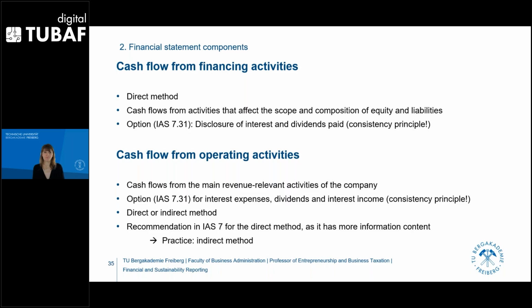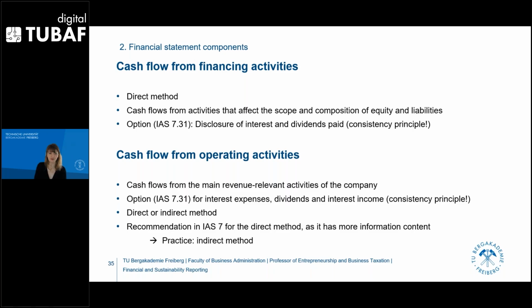So this direct method is mandatory. We have to use it to show the cash flow which results, for example, from lending activities or from some transactions with owners. And then we have the cash flow resulting from operating activities. We can then choose between the direct or the indirect method.